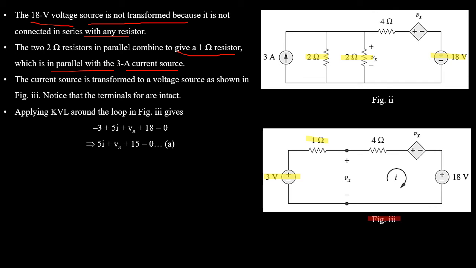Now we will apply KVL for the circuit given in figure 3. And the KVL equation will be minus 3 plus 5i plus Vx plus 18 equals 0, or 5i plus Vx plus 15 equals 0. If you look at figure 3, the terminals across which we have to find Vx are still highlighted.